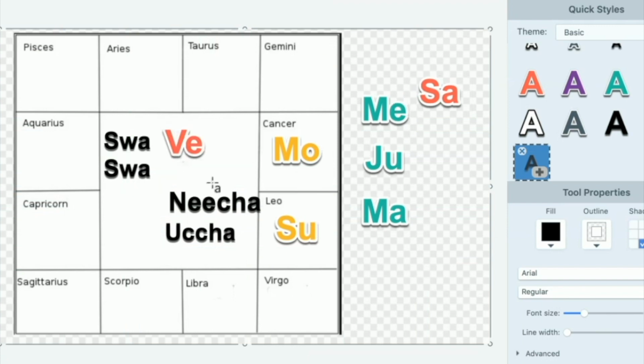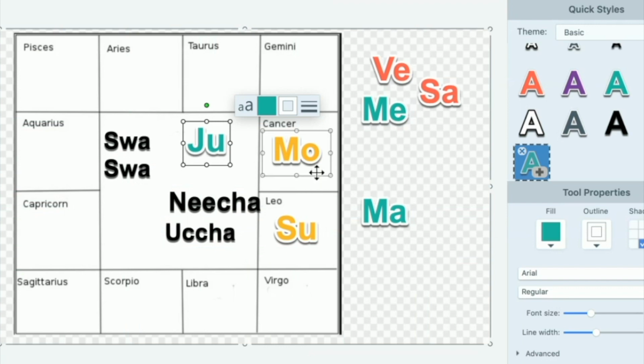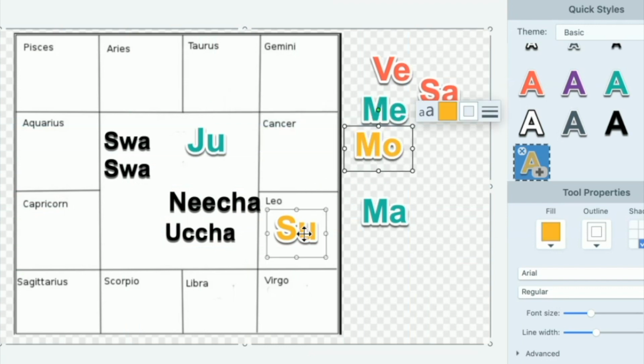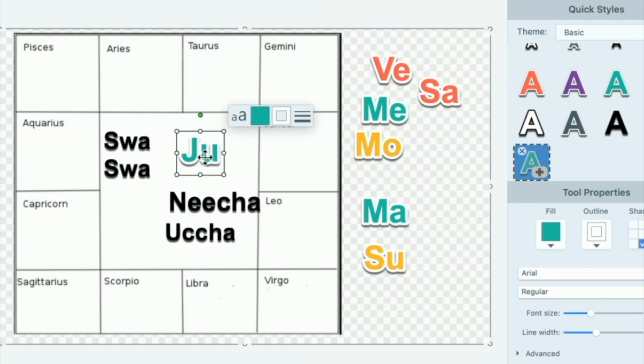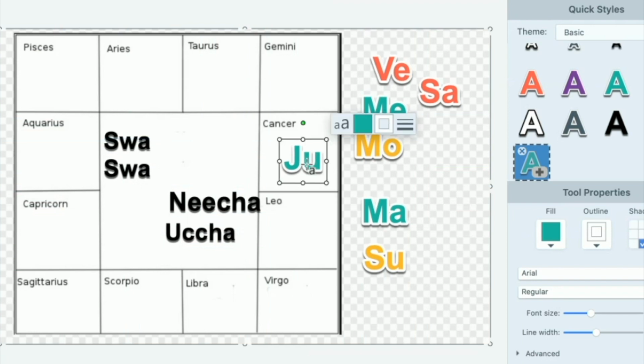Jupiter is exalted in Cancer. Why? Because the fourth house, home, is related to family, domestic happiness, education.